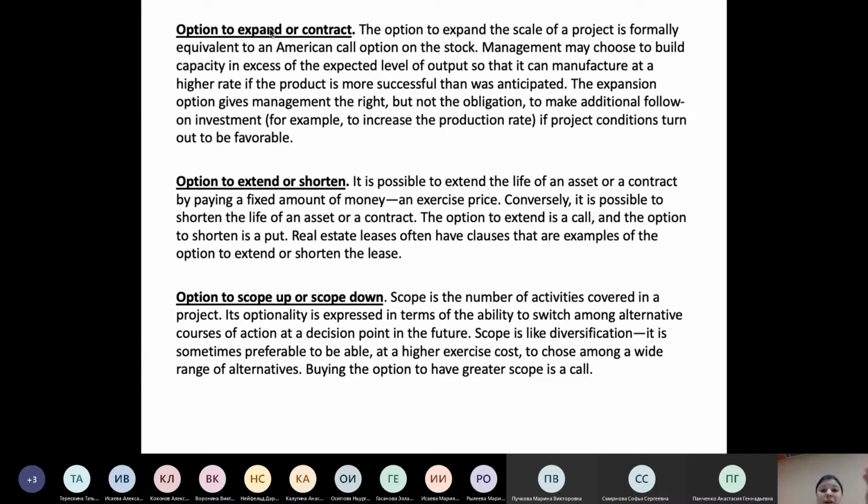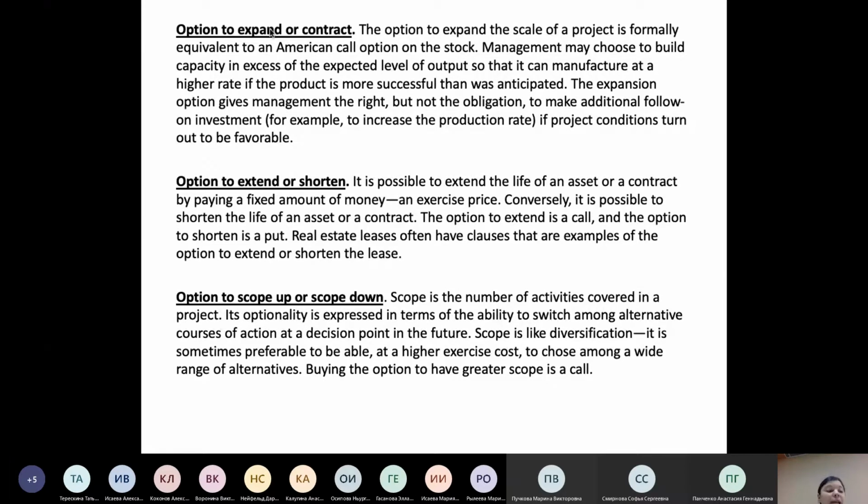If we give the definition of this option, management may choose to build capacity in excess of the expected level of output so that it can manufacture at a higher rate if the product is more successful than was anticipated. And certainly the expansion option gives management the right but not the obligation to change the power of the project and to start production of additional products.